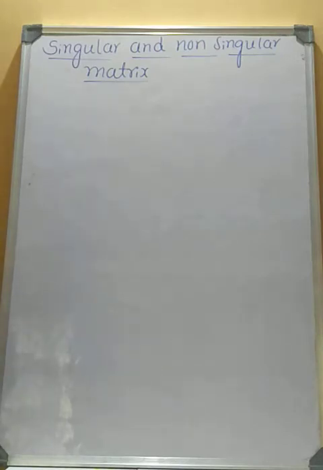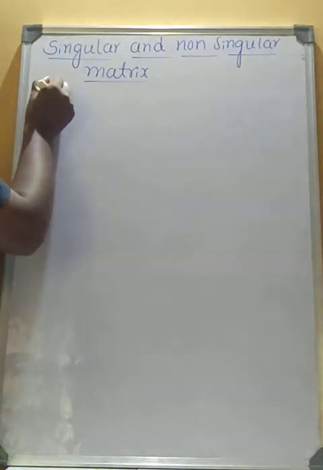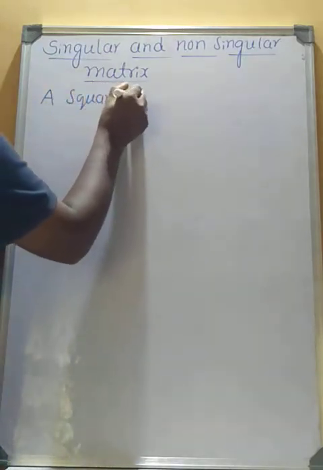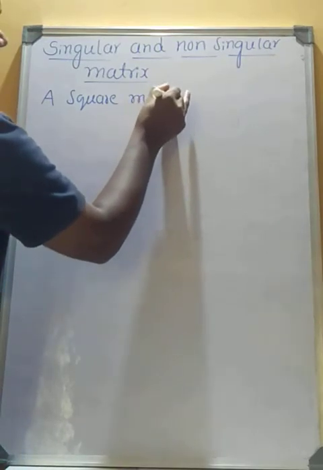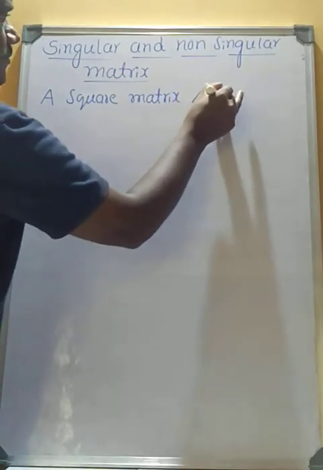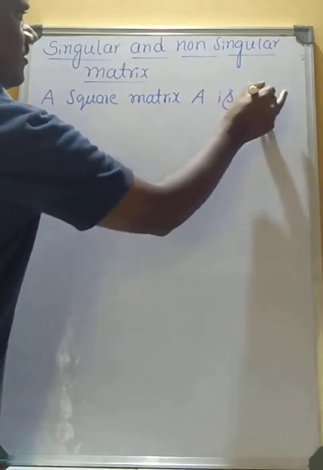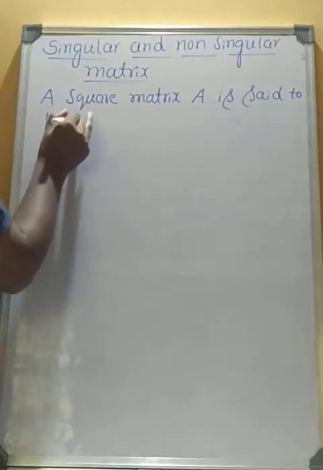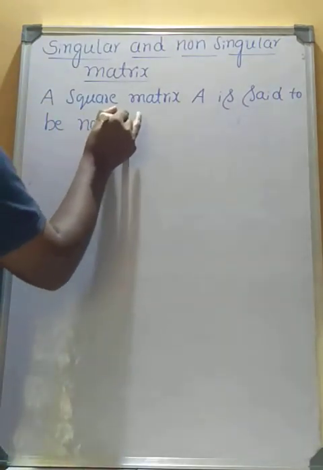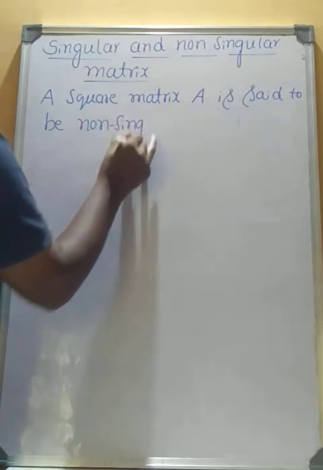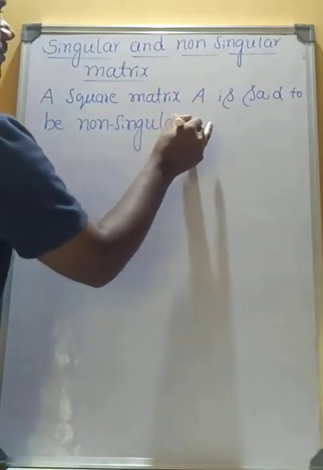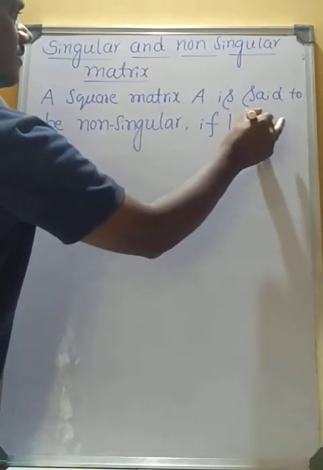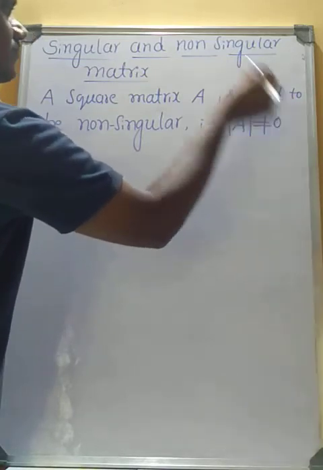What is the definition of non-singular matrix? A square matrix A is said to be non-singular if determinant of A is not equal to 0.